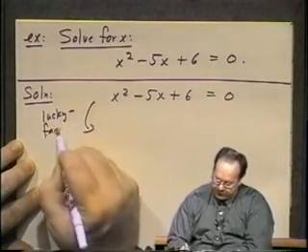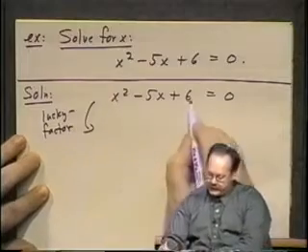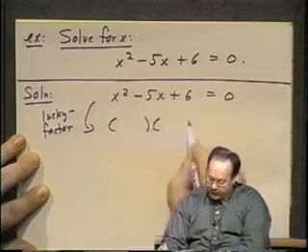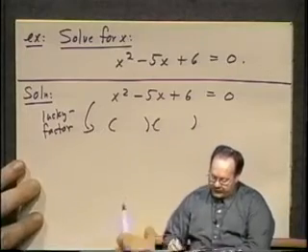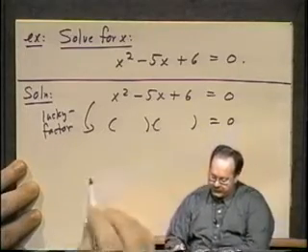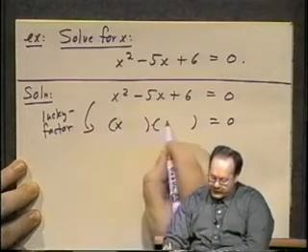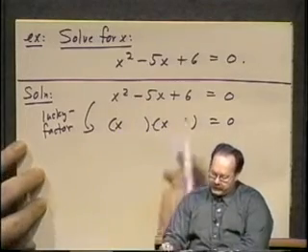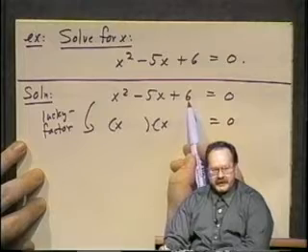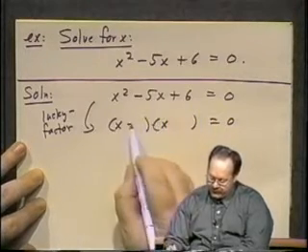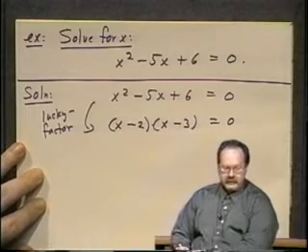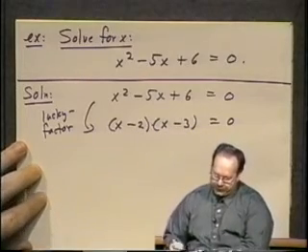We can factor. And the factoring is quite easy. It's going to factor always into two binomials. If you're writing this down, this is the practice you should adopt. Two binomials equals 0. You know that the x is squared, so there'll be an x here and an x there. And then it's just a matter of finding two numbers that multiply to be 6 and whose sum is minus 5. Well, minus 2 and minus 3 do that after a little bit of thinking.